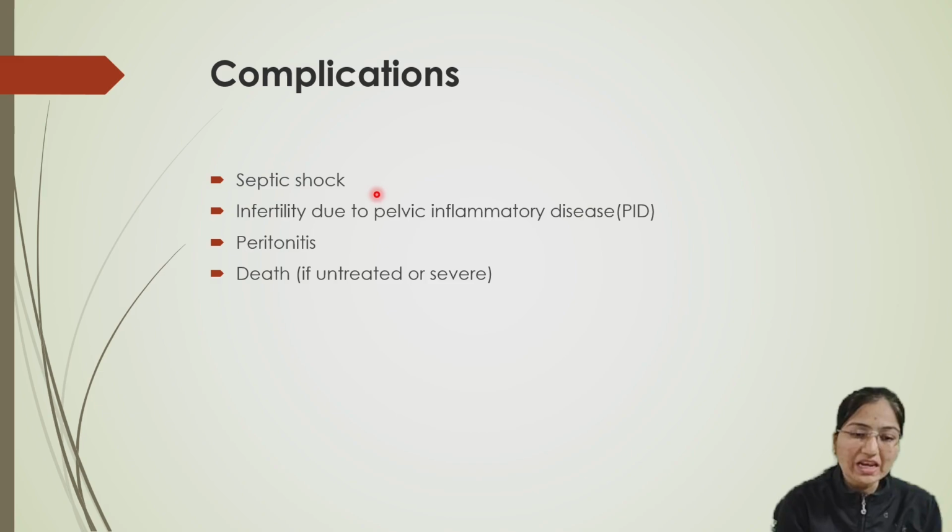Septic shock is a life-threatening condition where the blood pressure drops suddenly after an infection. The second one is infertility due to pelvic inflammatory disease. After that, peritonitis, that is inflammation of the peritoneum. And then death, if untreated or if it's severe.